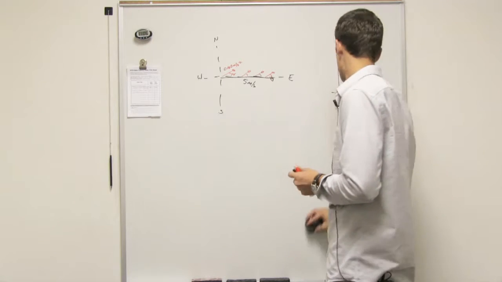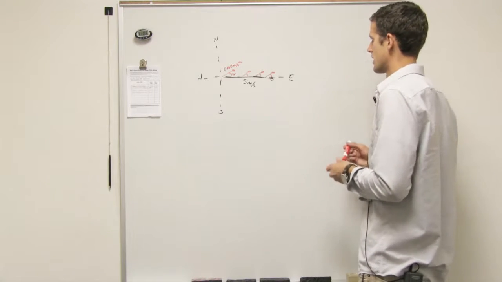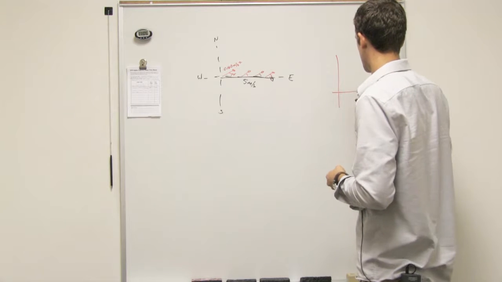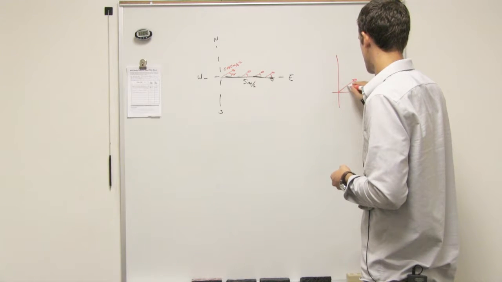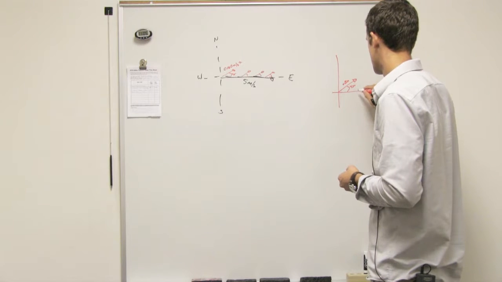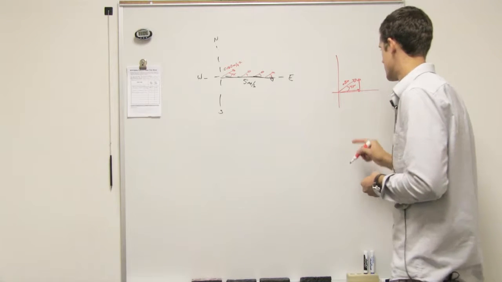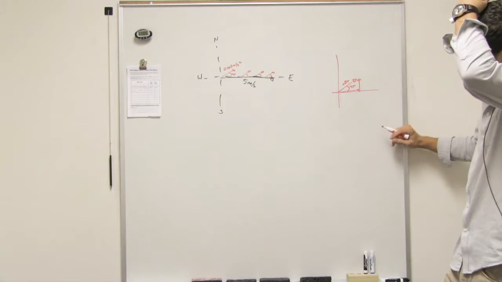So in this case, you're going to take your acceleration, which is 0.8, 0.8, 40 degrees, and break it into components. Okay. So what's your x component?